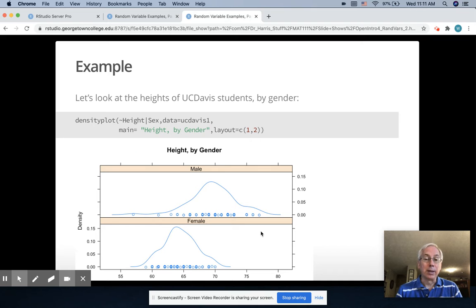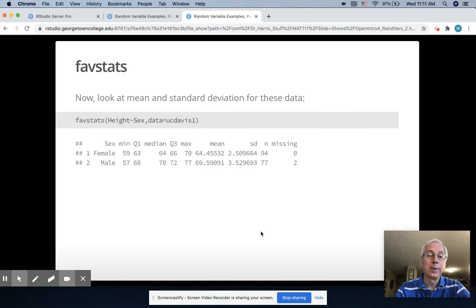We've given it a title, and the layout equals c(1,2) tells RStudio that we want these density plots stacked on top of one another. What we see is that in both cases, they're pretty close to bell-shaped and symmetric. So we're going to take these distributions to be approximately, or close enough to, normal in shape.